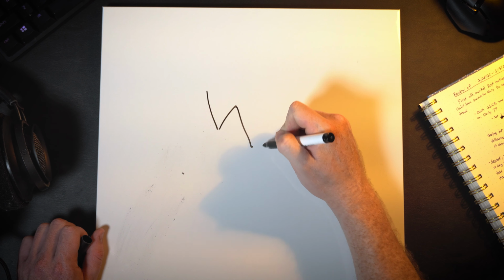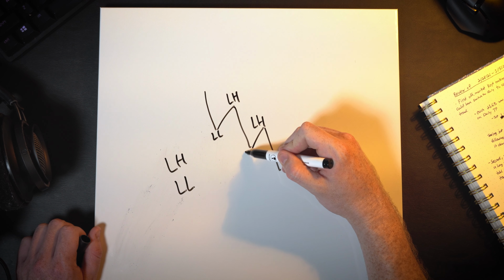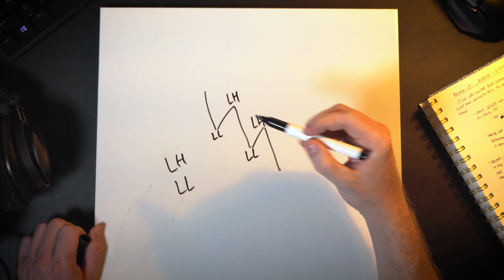So this point is a lower high, this point is a lower high, this is a lower low, this point is a lower low. This point is lower than this previous point. This high point is lower than this high point. So you have the trend and the counter trend, right?